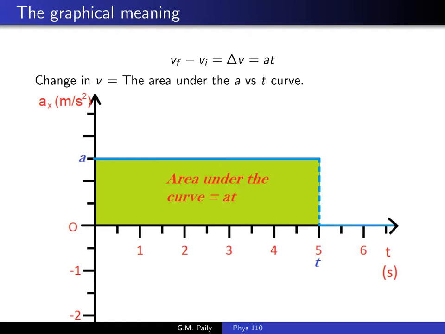Remember, v final minus v initial is equal to integral a dt, but the integral only refers to the area under the curve. In this case, the area under the curve is a times t, and so we get delta v is equal to at. This is the graphical meaning of the velocity equation for the condition of constant acceleration.